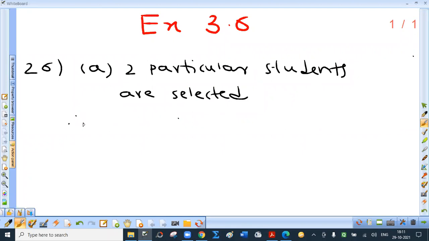Therefore, 3 more students are to be selected from the remaining 9 students, because selected students cannot be selected again.